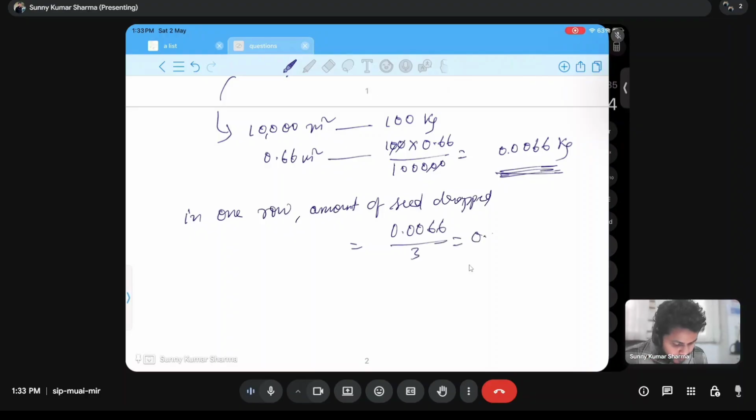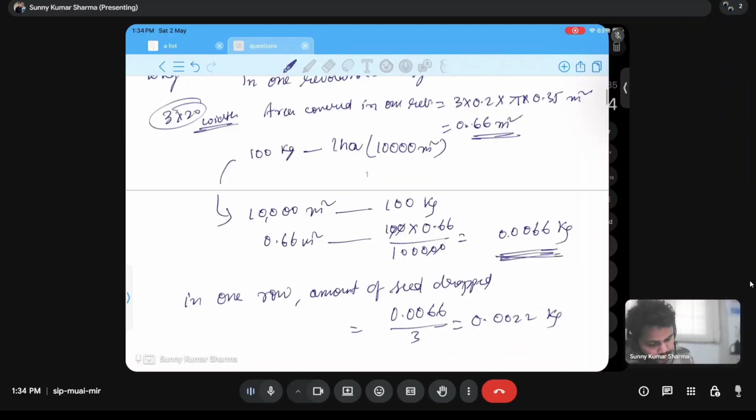This is equal to approximately 0.0022 kg.